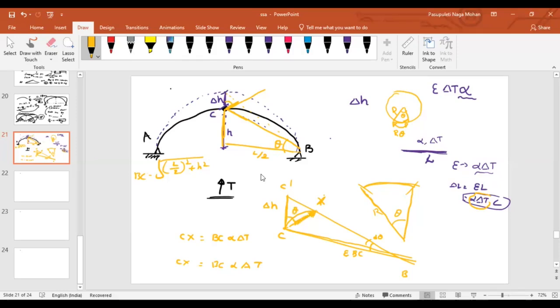So if this is 90 degrees, this distance CC dash can be found by using sine theta. So this delta H, the rise, will be equal to whatever value we have found out, CX divided by sine theta. In the exam, they don't ask you this type of question, so how you are going to do all this is not required.